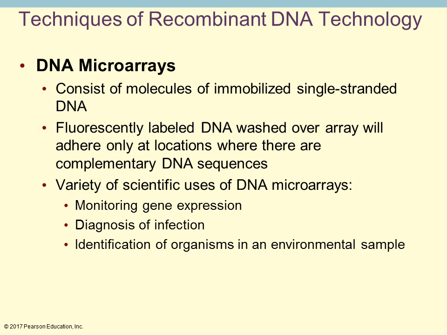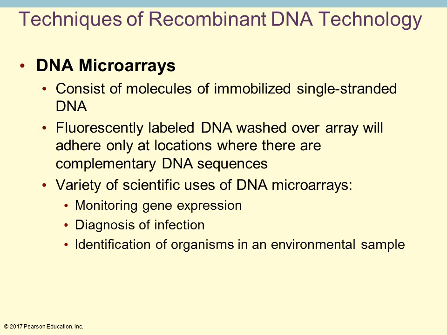DNA microarrays consist of molecules of single-stranded DNA. Usually you will use a fluorescent dye that is attached to DNA, and it's washed over. It's only going to adhere where there's that complementary base pairing. And it's a way of monitoring, sometimes, gene expression.